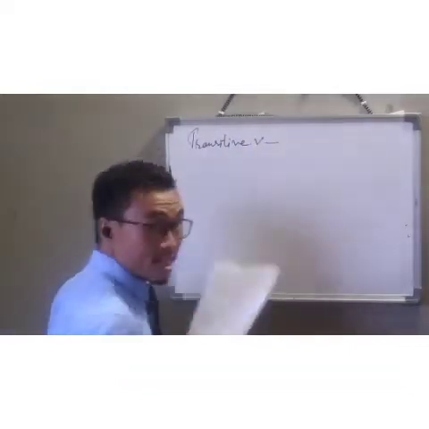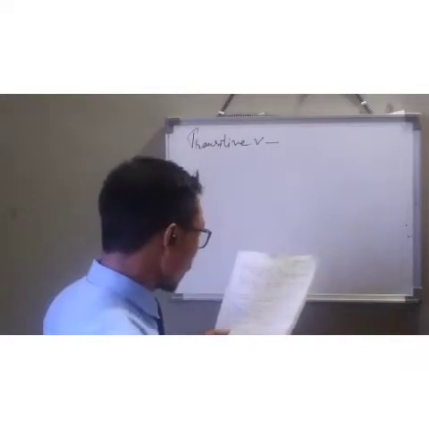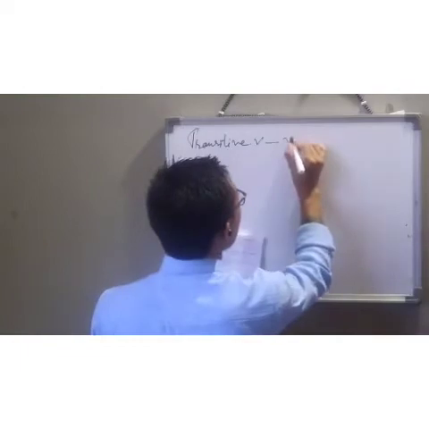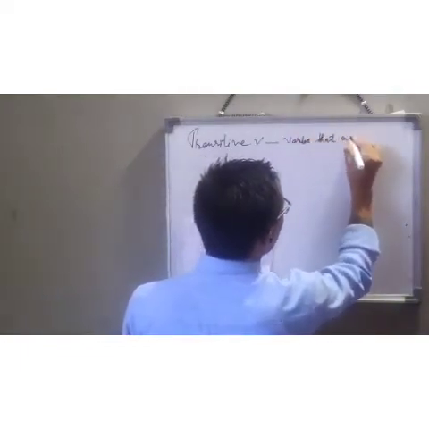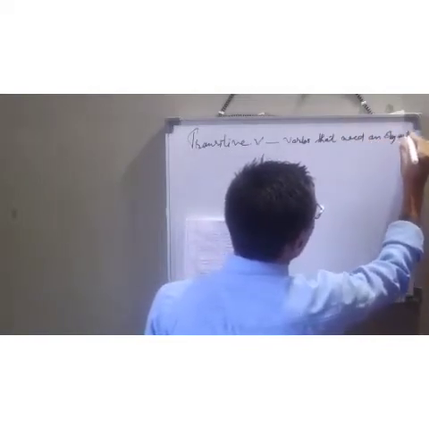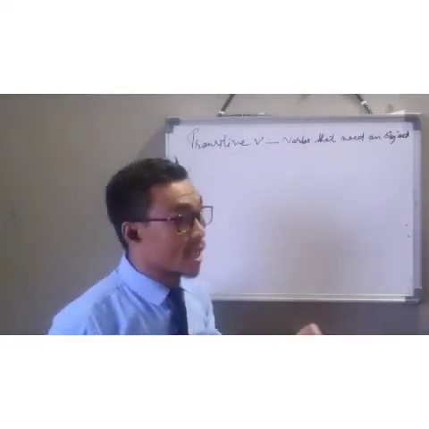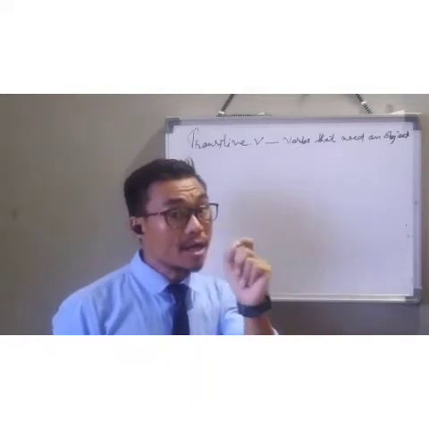Now what is this transitive verb? Transitive verbs are those verbs that require an object, so verbs that need an object to perform or to place the action.